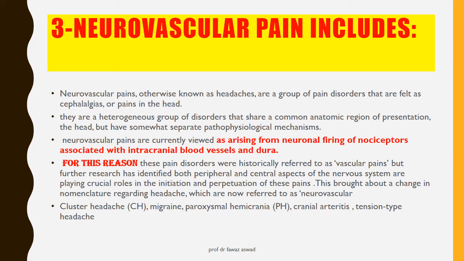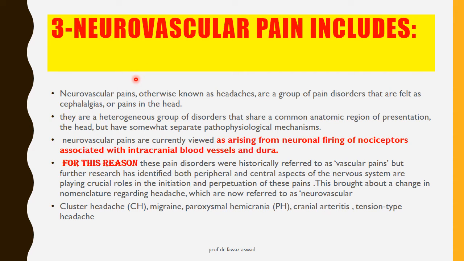Another source of pain is the neurovascular types of pain. Neurovascular types of pain are often associated with headache, and here associated with pain disorders that are felt as cephalgia or pain in the head.